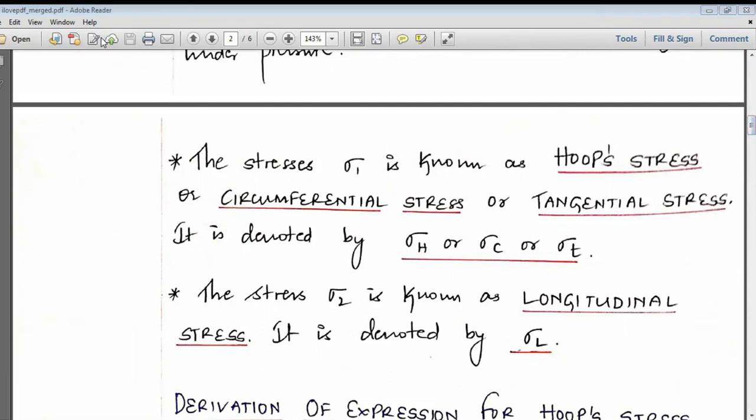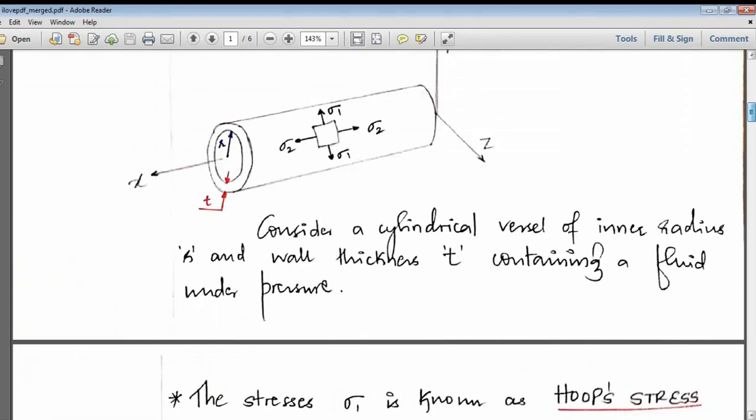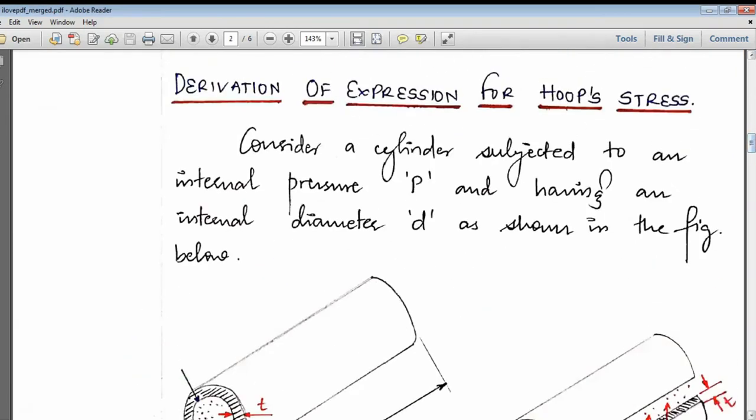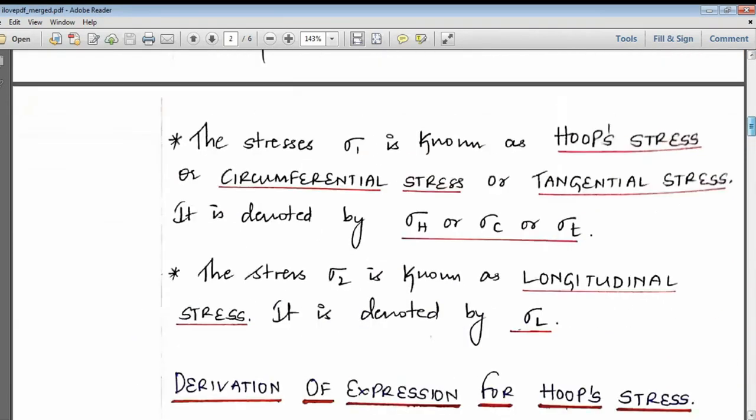The stress sigma 1 is known as hoop stress. Sigma 1 is also known as circumferential stress, or tangential stress.